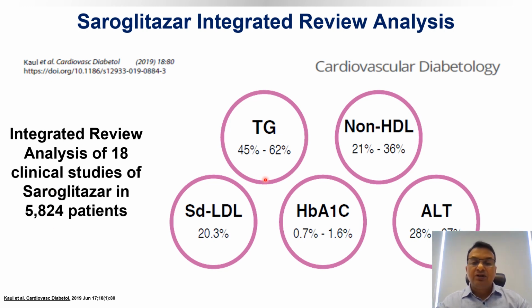The result of this integrated analysis showed triglyceride reduction ranging from 45 to 62%, non-HDL reduction of 30% on average, HbA1c reduction ranging from 0.7 to 1.6%, a significant reduction in liver transaminase values, and a significant reduction in highly atherogenic lipid particles, which we call small dense LDL particles. So you can always expect small dense LDL reduction to the tune of almost 20%.